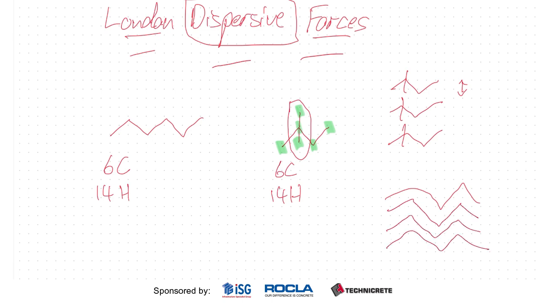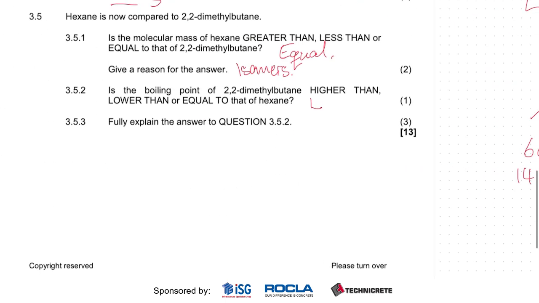Yeah, this space is very small. So these molecules can't be as close to each other compared to hexane, and that means the intermolecular forces are weaker. Yeah, so IMF are weaker. So because IMF is weaker, that means we need less energy to boil 2,2-dimethylbutane, so it'll definitely be lower.